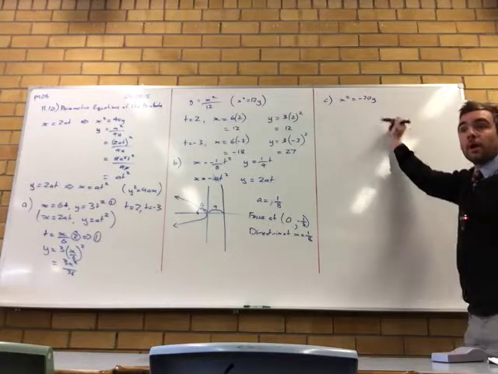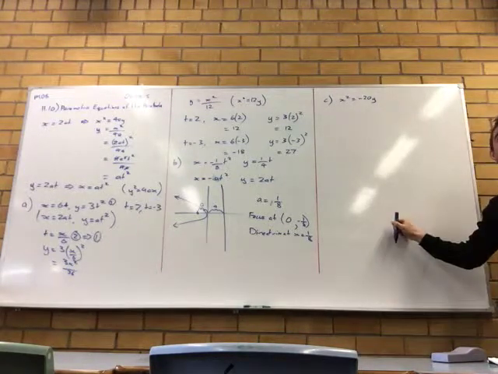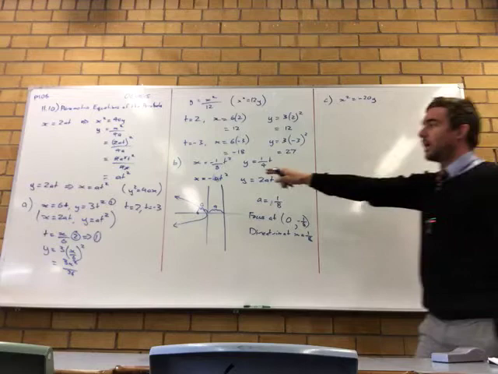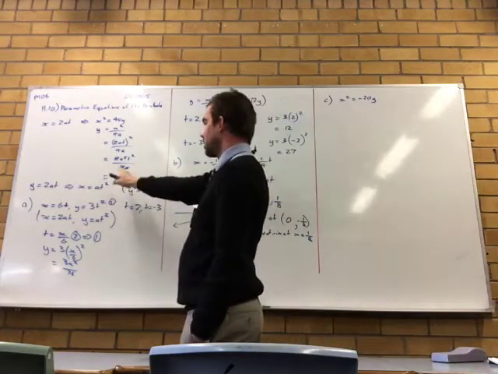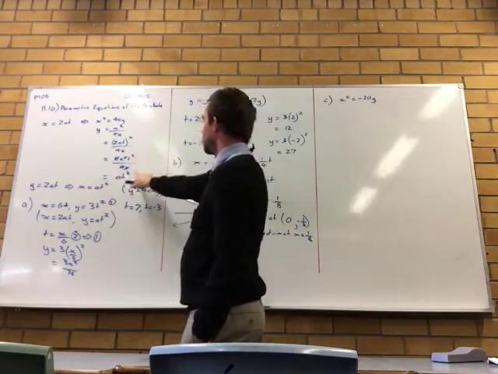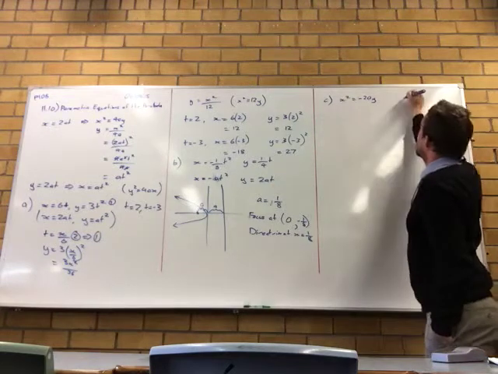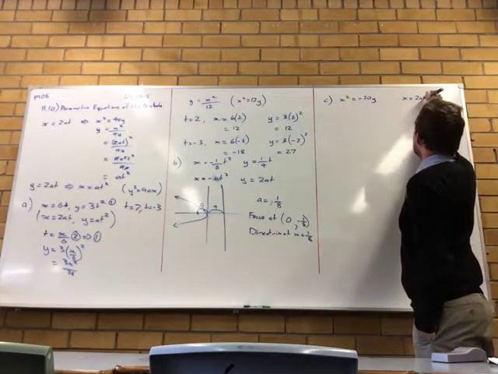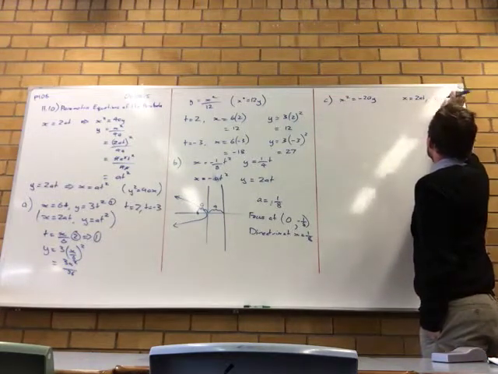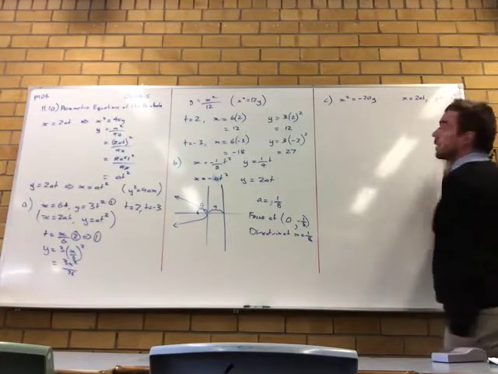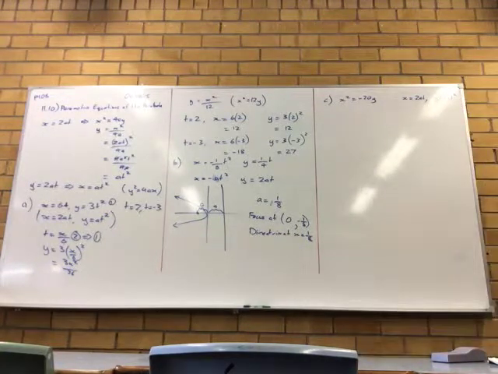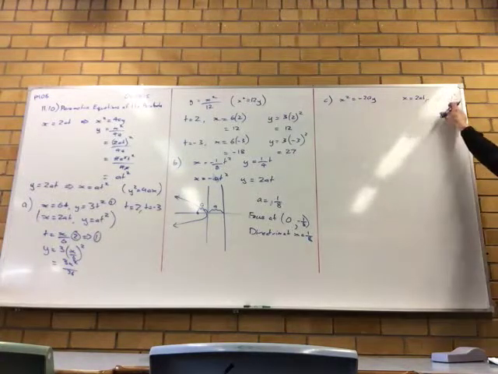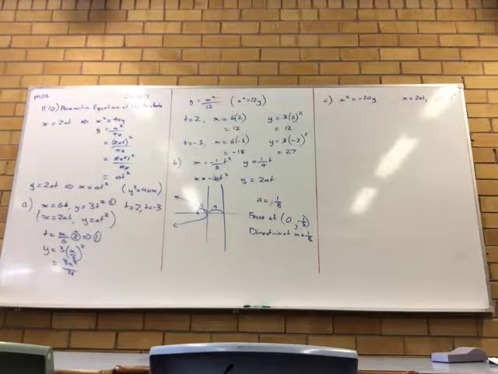So we've got a parabola concave down. The parabola concave down gives us the parametrics, well, with the negative sign there. So we know the x is 2at and the y value is the variable that changes. Now all we need to do is find out the value for A and put that into the equation.